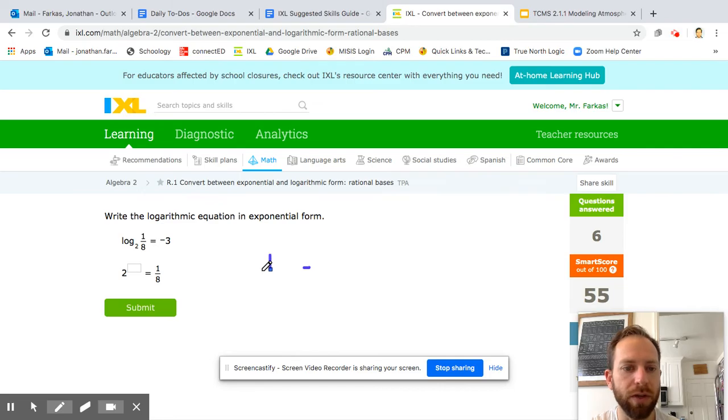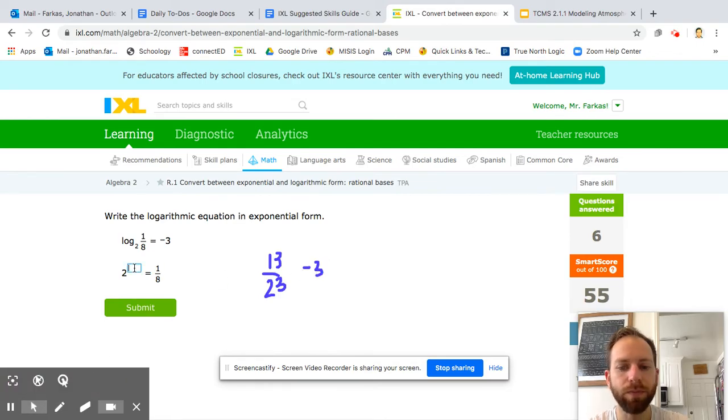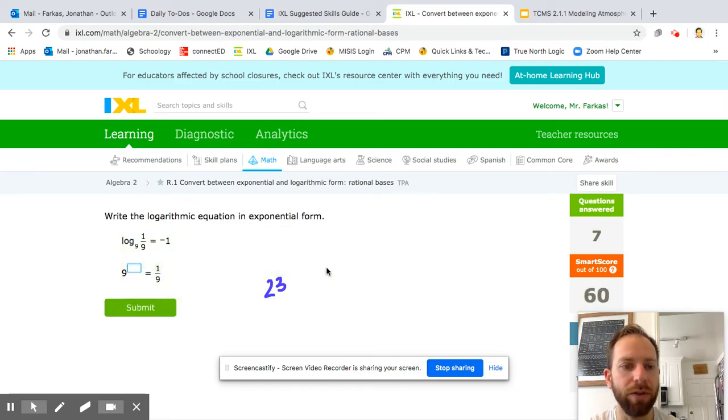So if you do it to a negative power, you're like having 1 over 2 instead. And what do you multiply that times? Well, that would be 3 times, right? So this would be like to the -3rd power. So sometimes your exponents will be negative if you're dealing with these fractions, right? So in this case, 9 to what power makes 1 over 9? That would be a -1 because it's 1 in the numerator.